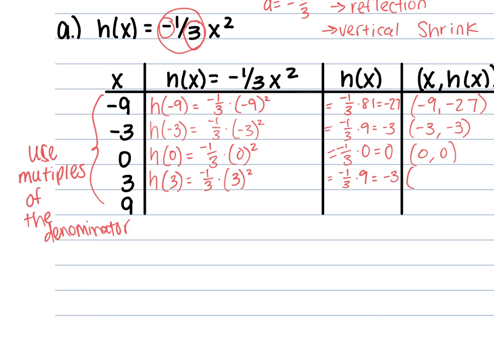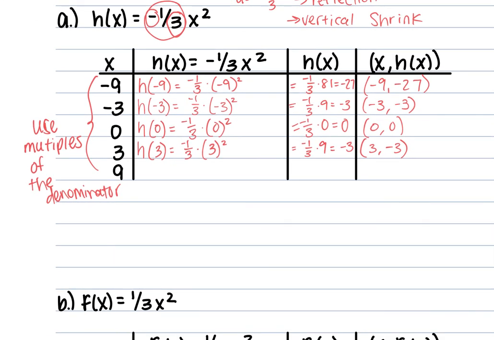And 3 comma negative 3. Very good. Okay, and the last one. What's the point? Negative 27. Okay, let's do it. It'll be h of 9, which is negative 1/3, times 9 squared, which is negative 1/3, times 81, which is negative 27. Beautiful. Which 2 points are not going to fit on my simple graph?